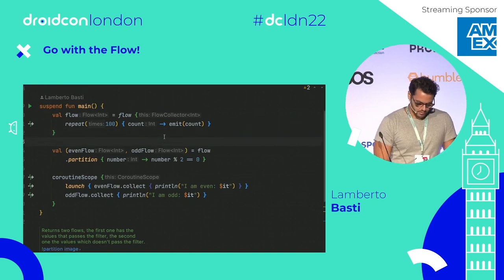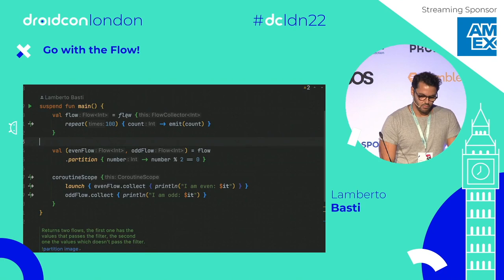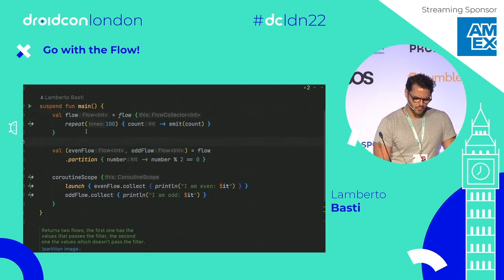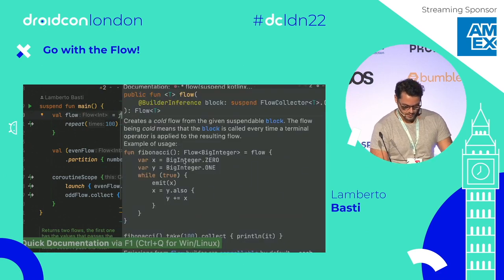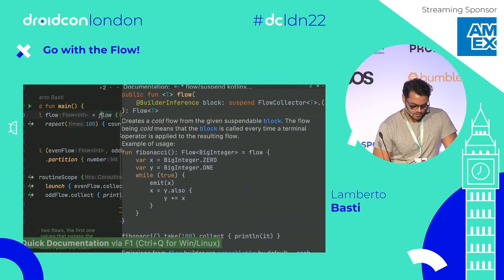First of all, let's see how to use this operator. We create a flow of numbers. For the ones who don't know this function, this is the builder function for flows.